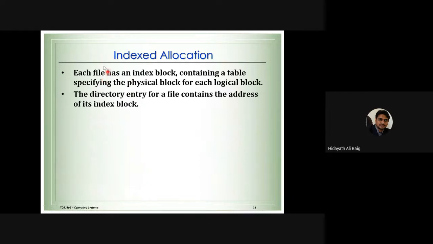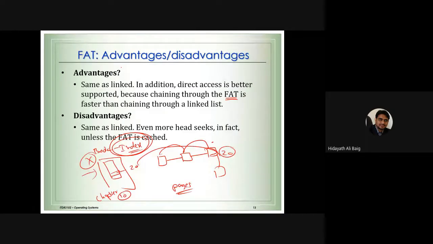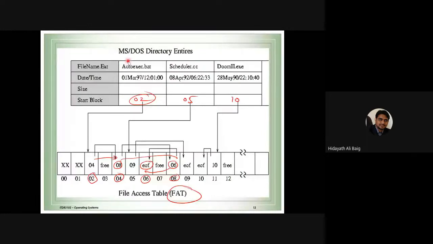Now what happens here, each file has a special index block. This is not in the hard disk, this is not in the partition, this is for each file. For each file, like for each book, there is an index block. Okay, now I want to compare them. If I take this example, imagine this is a book, and chapter 1, chapter 2 are the files.